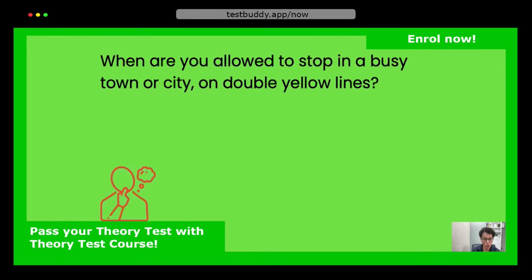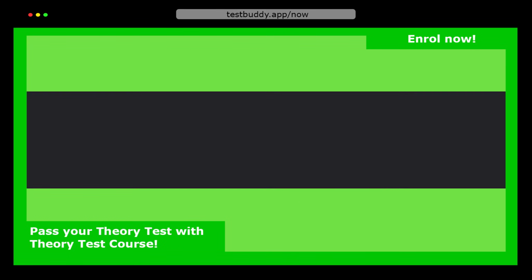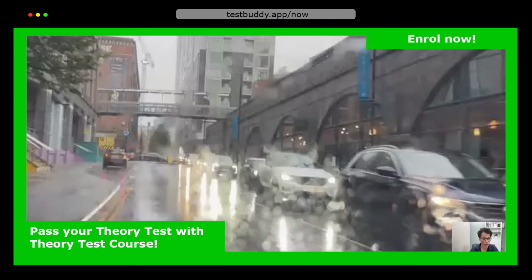When are you allowed to stop in a busy town or city on double yellow lines? Is the answer only at night time? To drop someone off or pick someone up? You are never allowed to stop on yellow lines, or at the times displayed on the sign, in a busy town or city.